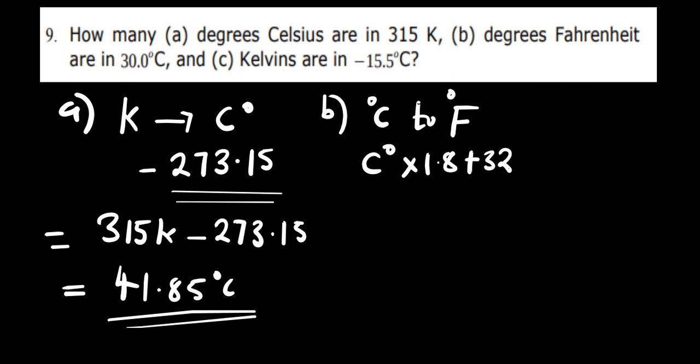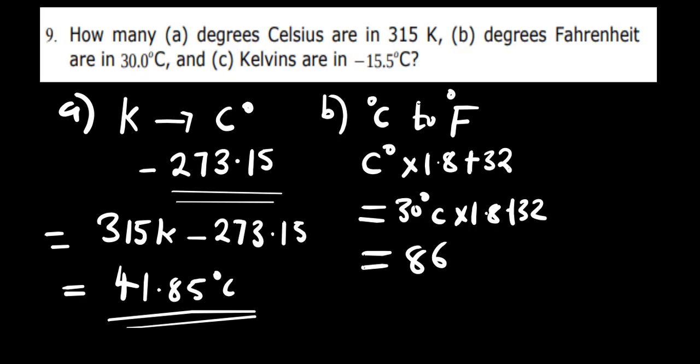So this is the conversion unit. We've been given 30 degrees Celsius, so we multiply by 1.8 and after that we just add 32. When we do that, on my end I'm getting 86.0 degrees Fahrenheit.